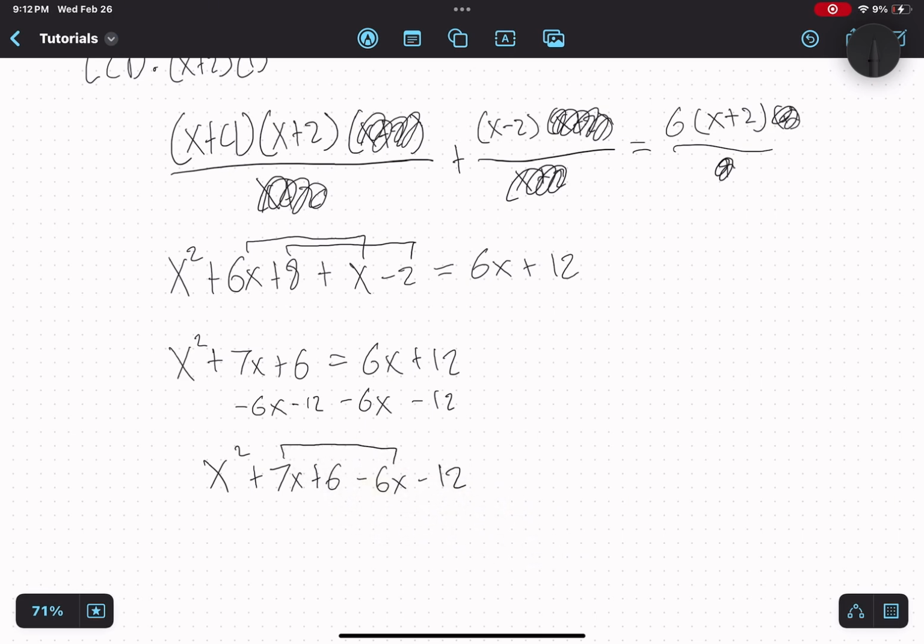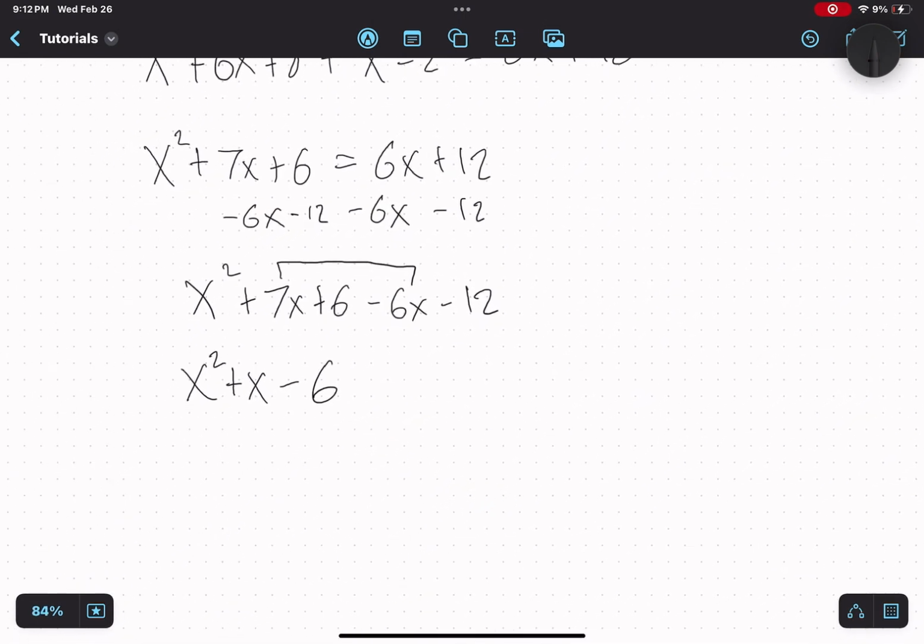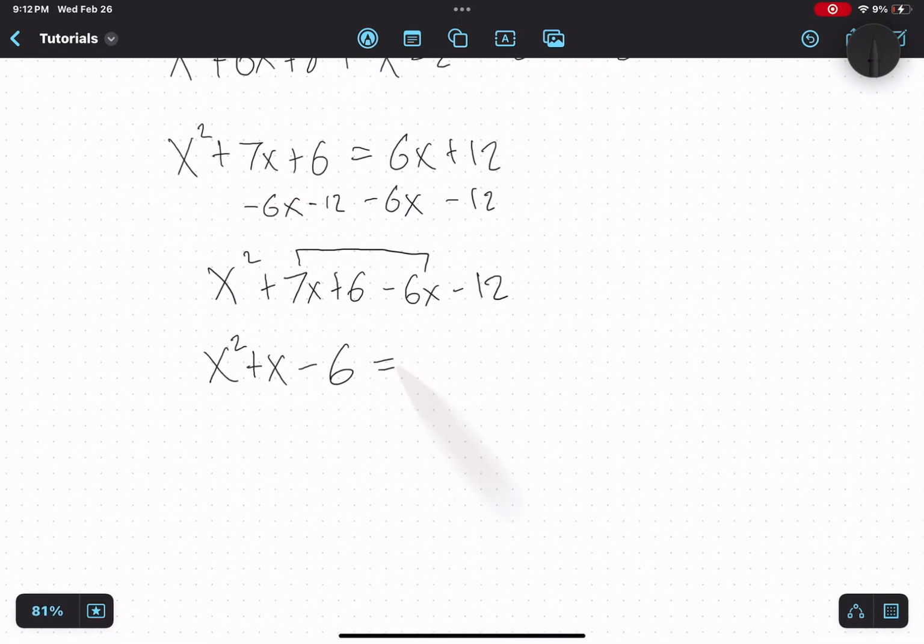And so we're going to combine like terms again. 7 plus negative 6 is just 1. 6 plus negative 12 is negative 6. So let's factor this. Let's use our trick again. But see, we have a minus and a plus sign and not just two pluses. So here, we're going to use our c value.